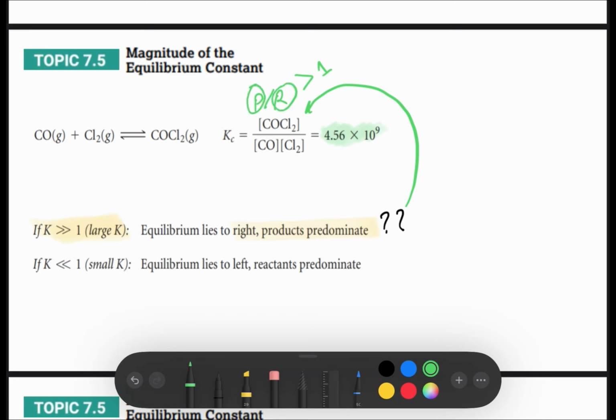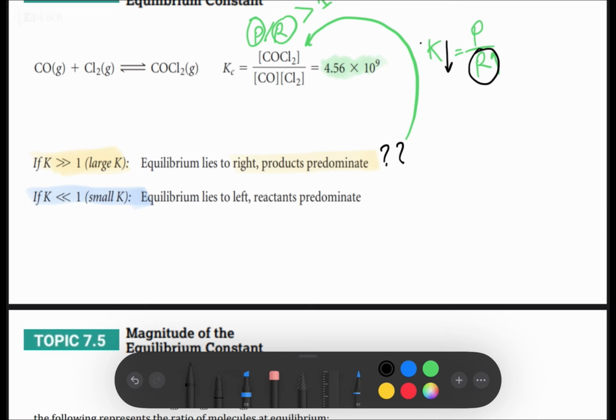On the other hand, if the value of Kc is less than 1, it tells you, since we have products over reactants, you have so many reactants, and that's why the K value overall has a low value. And at that point, we can say that the reactants are more favored. There is another piece of information.